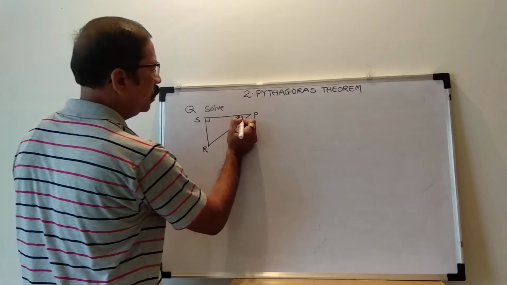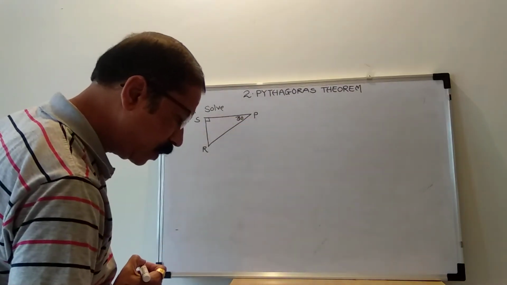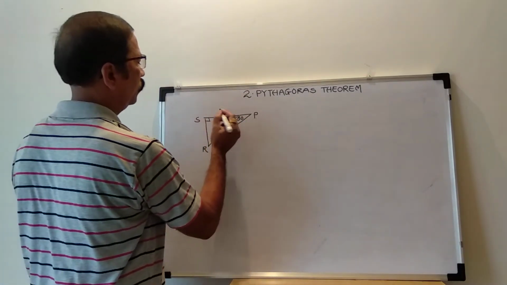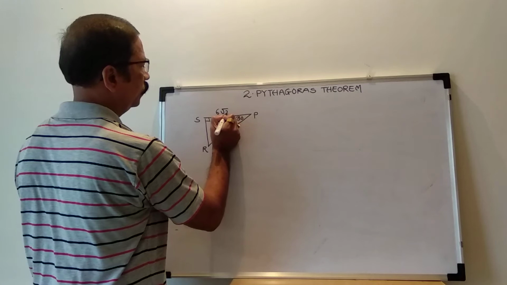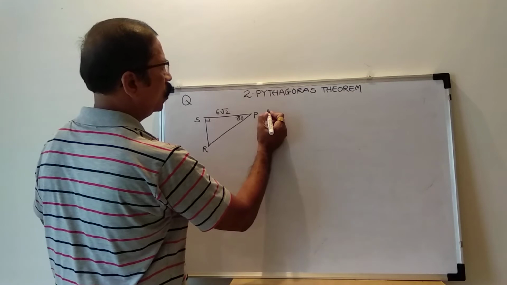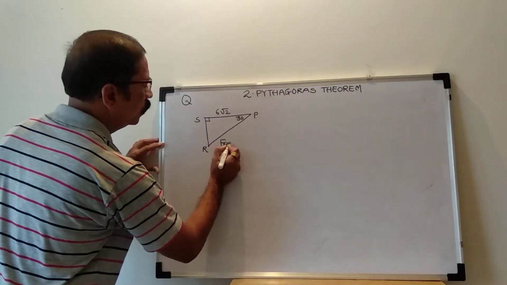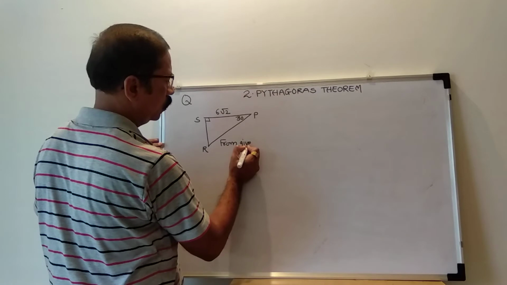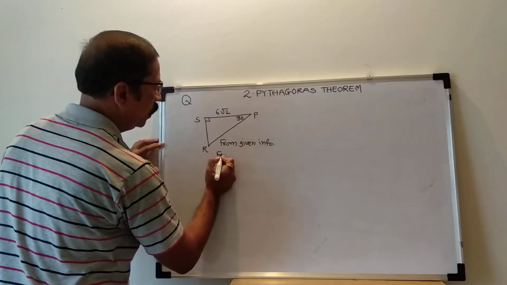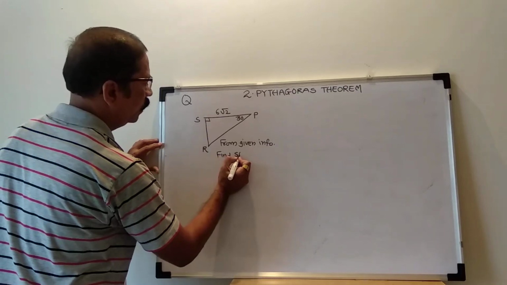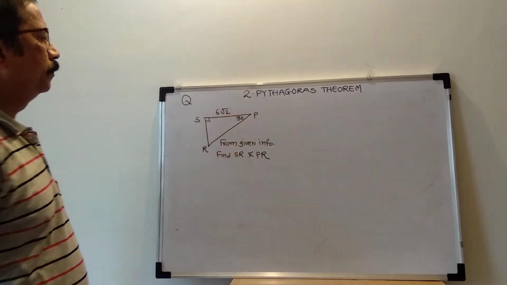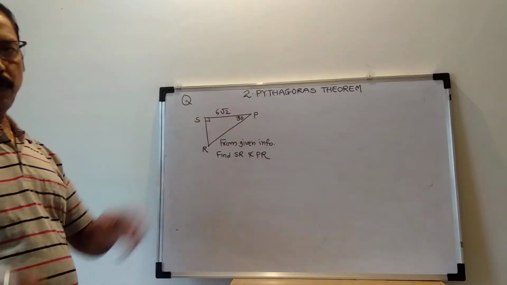Here angle P is equal to 30 degree, it is mentioned, and SP is 6 root 3. And the question is, from the given information, find SR and PR. See, this is our question you have to solve.